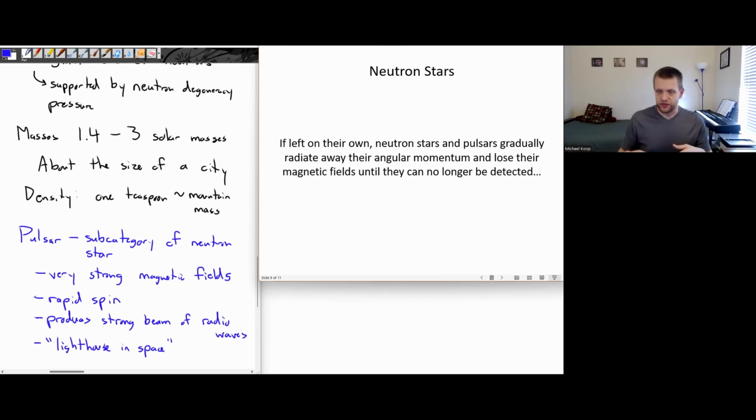So these neutron stars, if they're left on their own, kind of like the white dwarf, they don't do all that much. The neutron stars and the pulsars gradually radiate away their angular momentum, lose their magnetic fields, until they just kind of fade away and no longer can be detected.